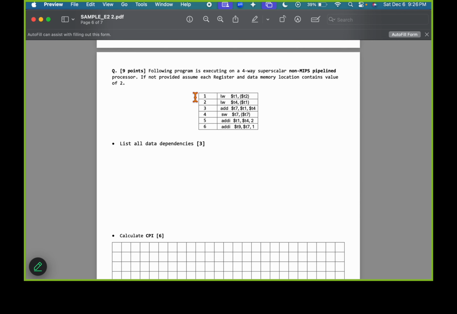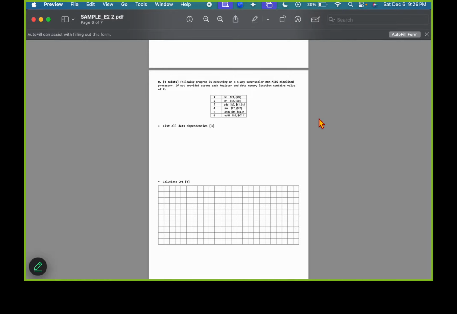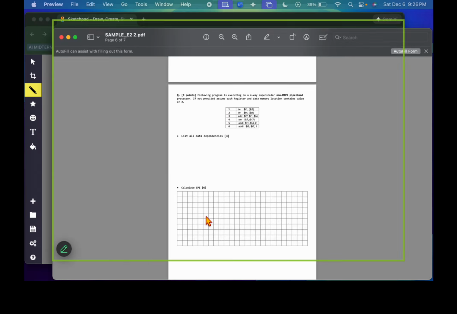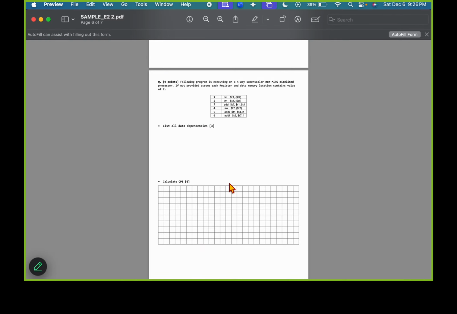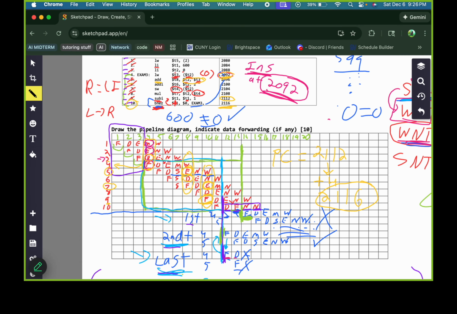So the key to keep in mind here is to know when things are sources and destinations. If the destination is a source for another instruction, we know that we're going to end up having a data dependency.